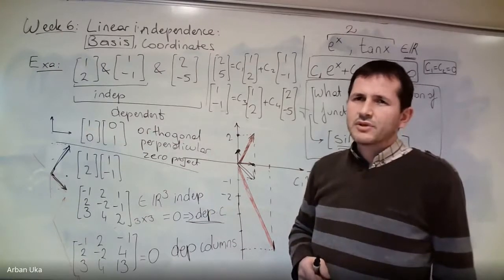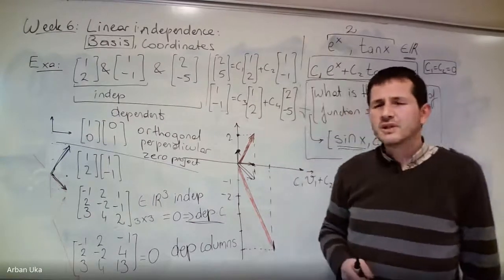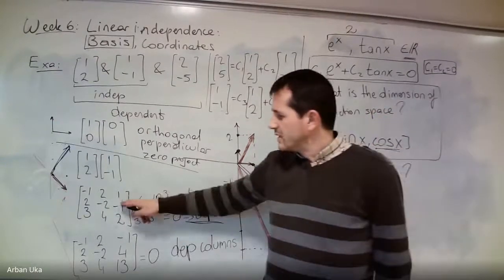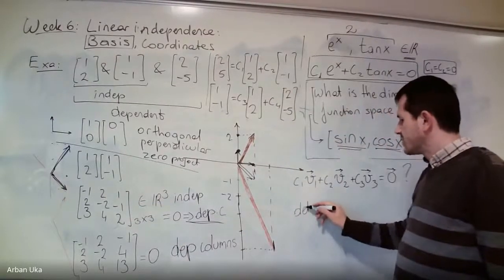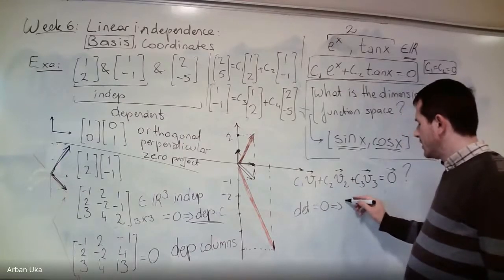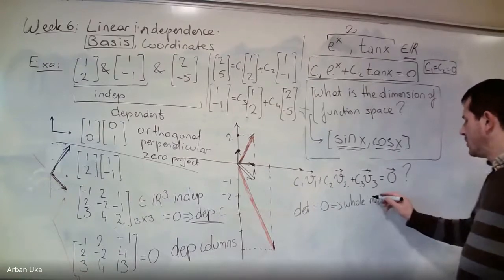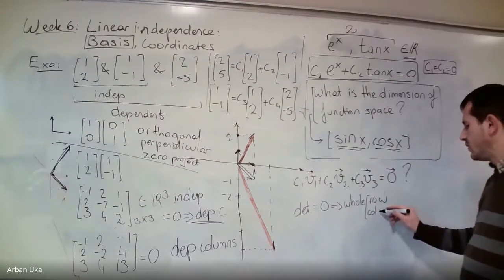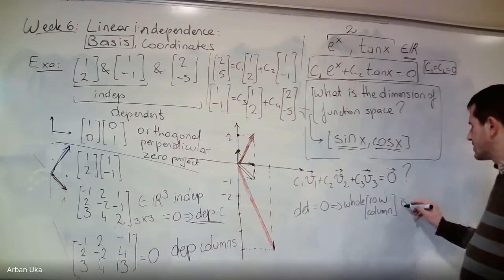I'd like to approach this problem also intuitively. So we have a 3x3 matrix, the determinant is 0, and this is possible only when a whole row or a whole column is 0.